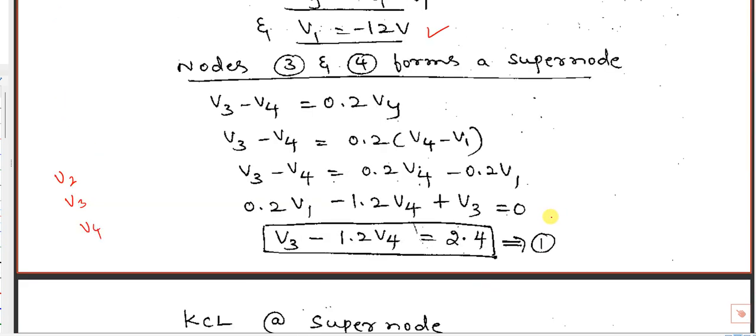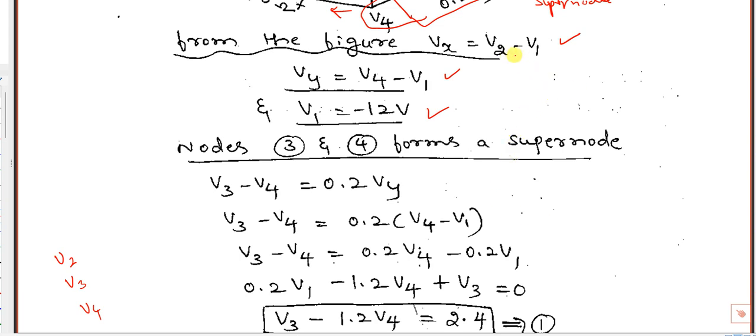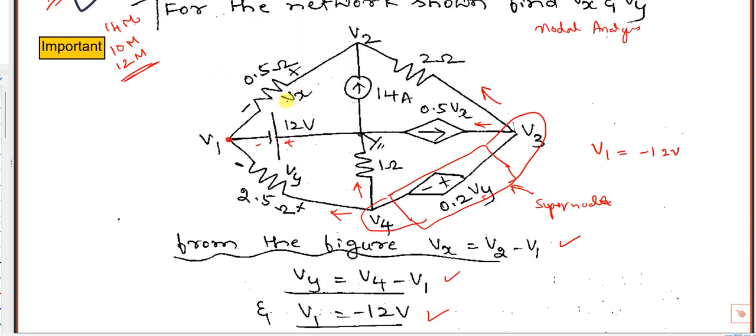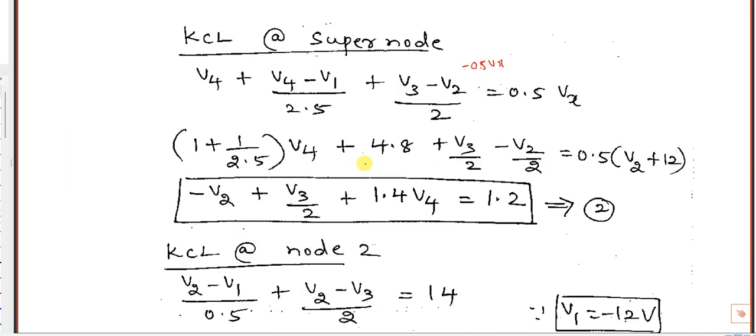What is Vx? Vx has plus towards V2, so Vx is V2 minus V1. So substitute Vx as V2 minus V1 in the 0.5 Vx term.